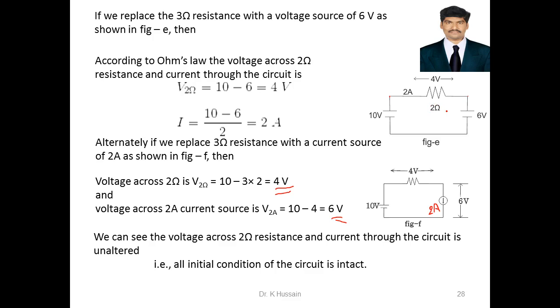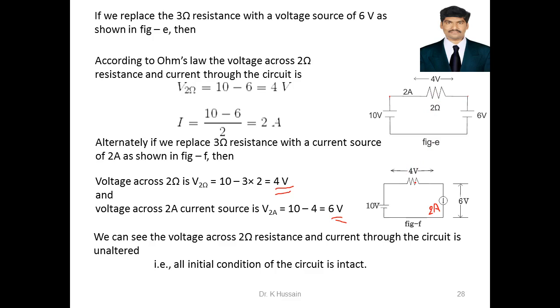There is no change after substitution of the resistance element. The resistance is replaced by either a voltage source or a current source, so there is no change in the current or voltage. Current through this resistor and voltage across this resistor, in both this case as well as this case, no change at all, right?